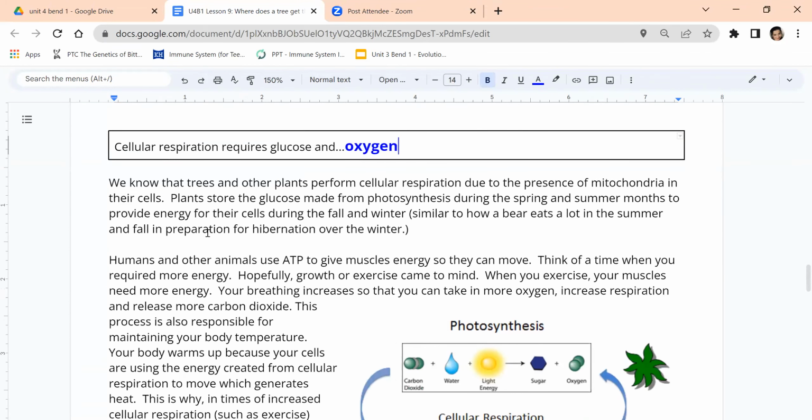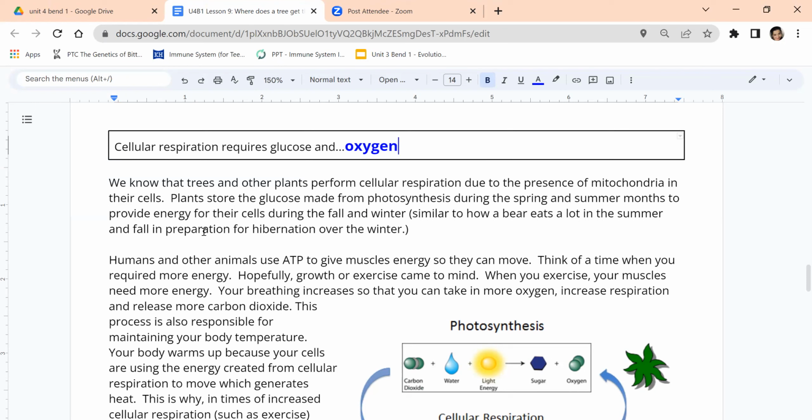We know that plants and animals do cellular respiration, and they have mitochondria in their cells, just like animals and humans have mitochondria in their cells. So plants store the glucose made from photosynthesis during the spring and summer months to provide energy for their cells during the fall and the winter.